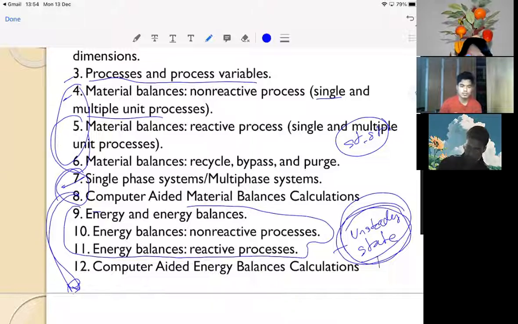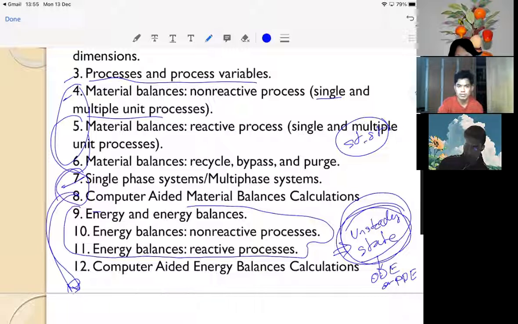For this case, you will get ODE or PDE. What is this? You studied calculus already, right? If we consider the unsteady state, we may have to solve an ODE or PDE, the ordinary differential equation or partial differential equation.